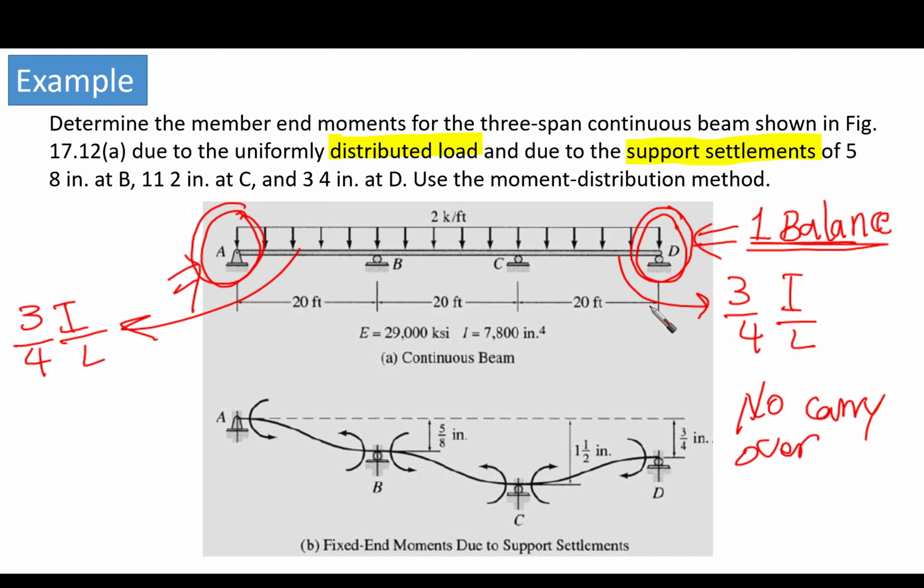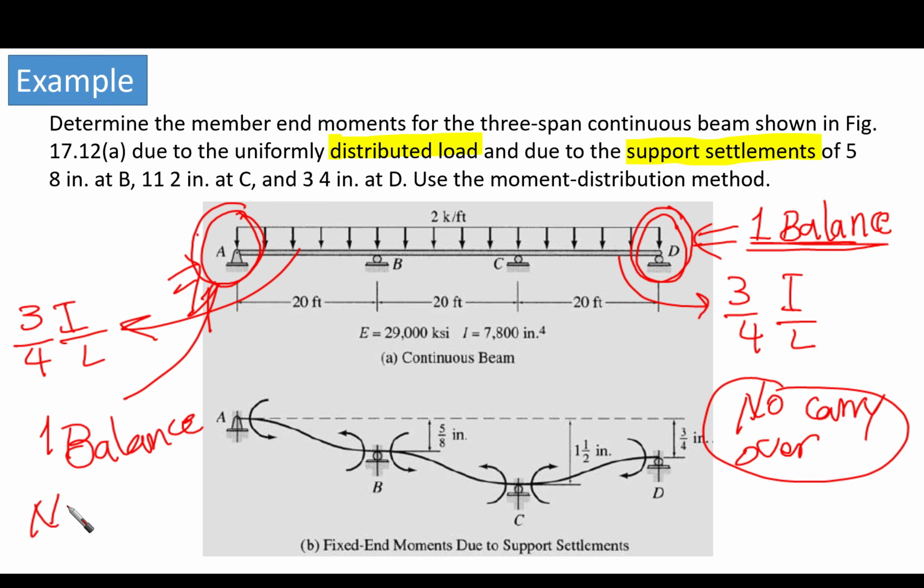This would greatly simplify the process. Also here we are going to do this for point A or joint A. It is one balance only, and there is no carryover as with this one also. No carryover. Okay, that's it.